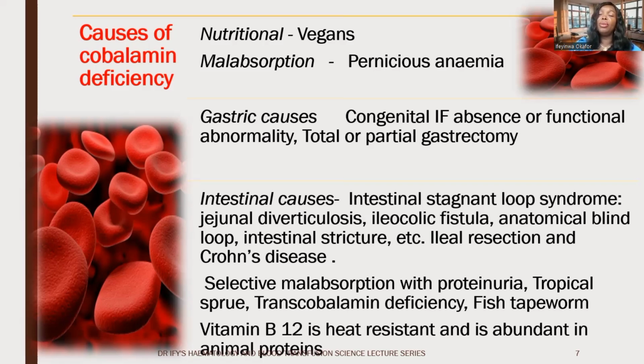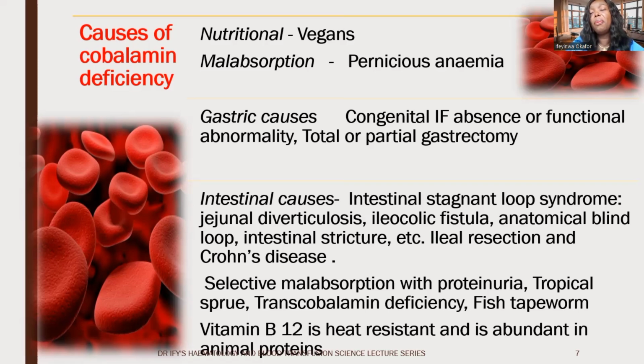Now, diseases that can affect the small intestine, because remember, B12 is absorbed at the ileum part of the small intestine, can also cause cobalamin deficiency. Remember, B12 is heat resistant and it is abundant in animal proteins.